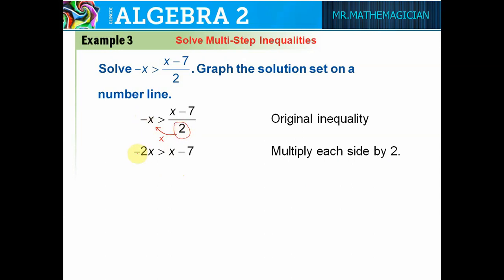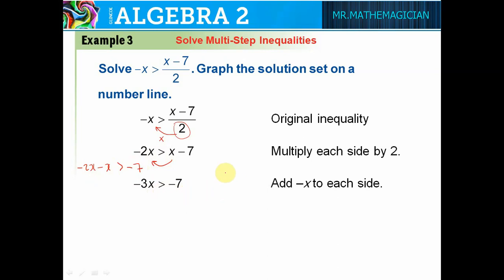Now we can get the x's together by taking this x to the other side as a negative. So it will be negative 2x minus x still bigger than negative 7. That's why negative 2x minus x becomes negative 3x, bigger than negative 7.